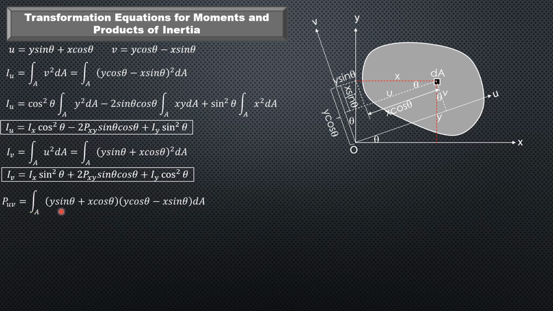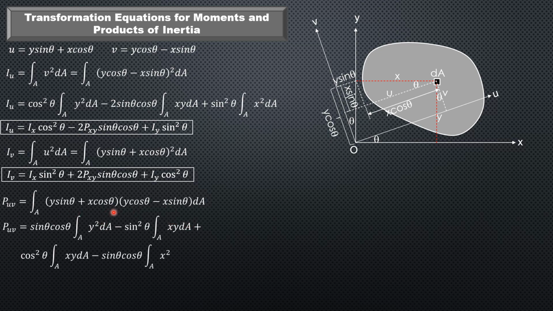So this is the integral of uv dA. Expanding, we have Puv equals sine theta cosine theta integral of y squared dA, then minus sine squared theta integral of xy dA, then plus cosine squared theta integral of xy dA, then lastly minus sine theta cosine theta integral of x squared dA.